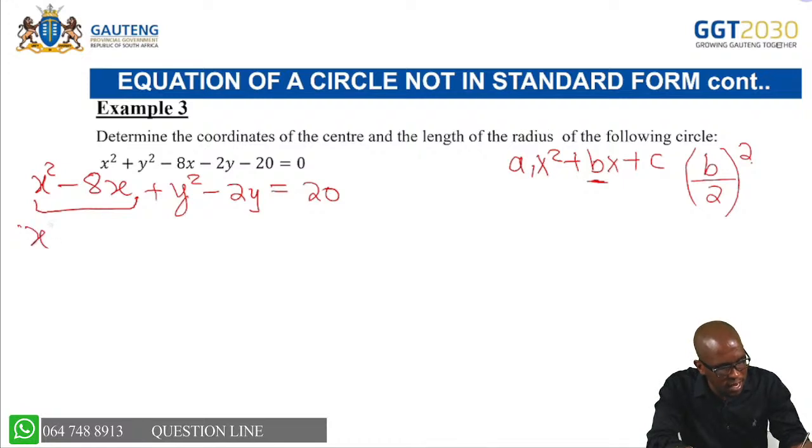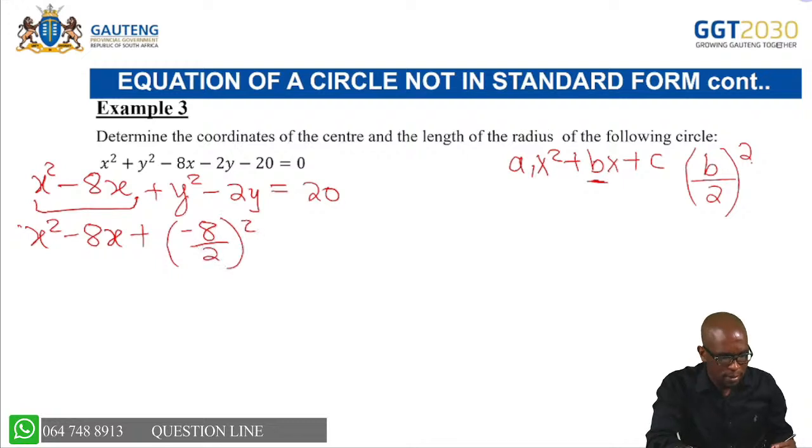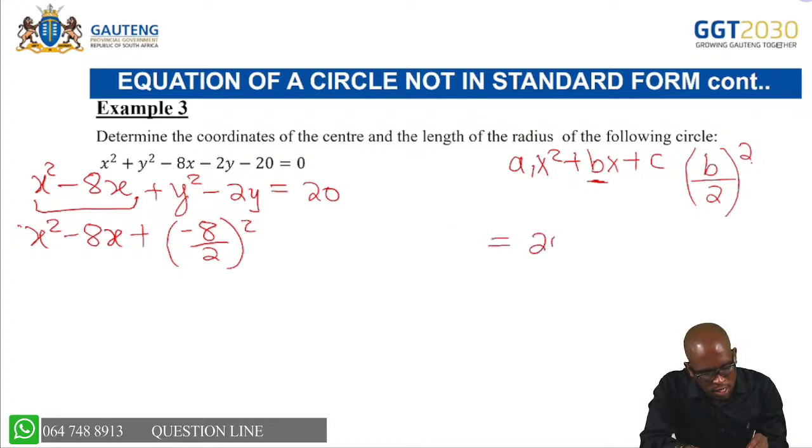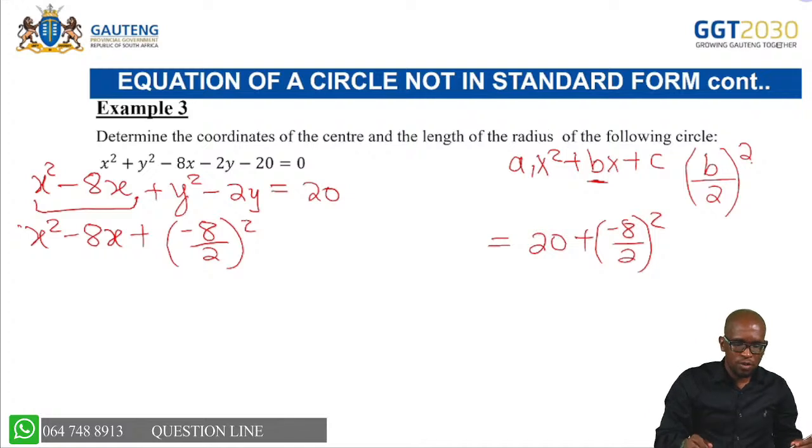So this would be x squared minus 8x plus, we take minus 8 over 2 and then we square the result. On the right hand side, we should obviously do the same. We had 20, then we add minus 8 over 2 squared. So what I added on the left, I added on the right hand side as well.